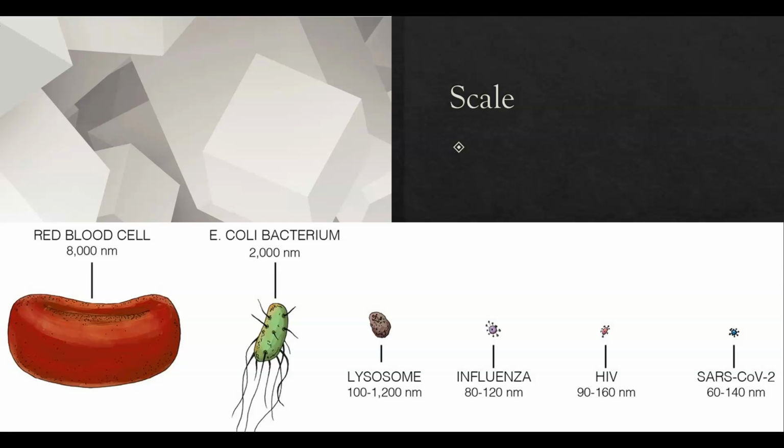And this picture actually includes the COVID-19 virus. So you can see over here how small it would be compared to a blood cell. That's why when we have masks, we have to make sure that there are several layers, because you don't want those little virus particles going in between the spaces of the fabric of your mask. Even though your mask will stop a lot of the particles because they're wet and so they stick to the fabric, it doesn't stop all of them because they're just so incredibly small.